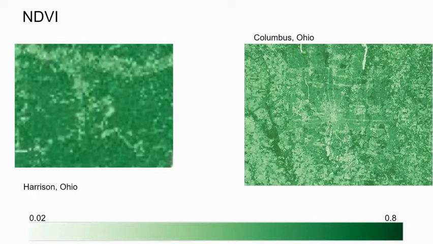In the left photo we have Harrison, Ohio, which is very green with very little pale green. On the right side we have Columbus, Ohio, which is much more pale, lighter green, showing that Columbus, Ohio has less vegetation than Harrison, Ohio.